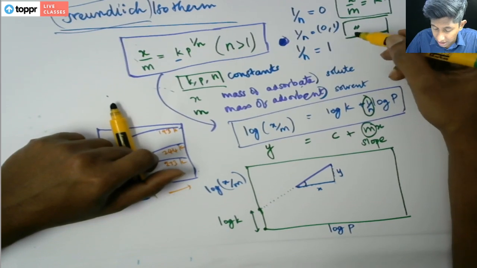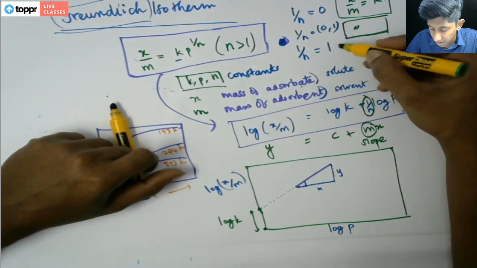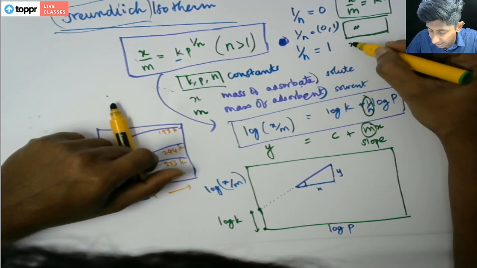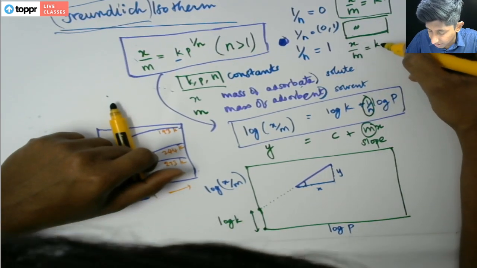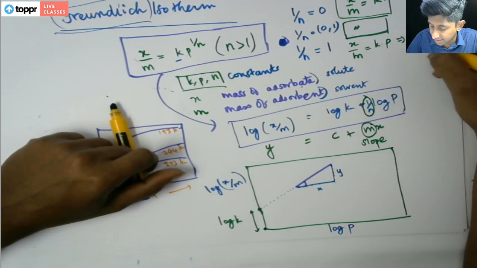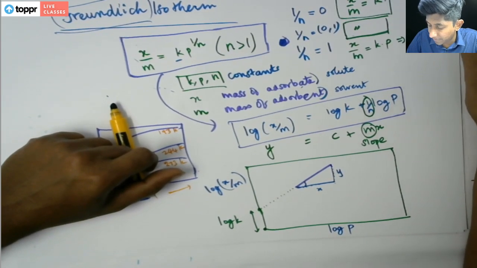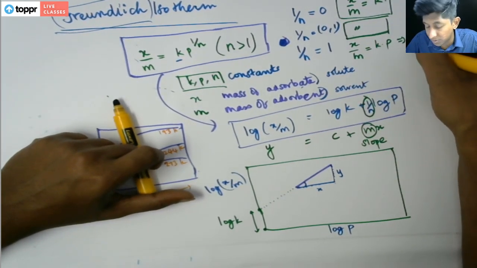Last but not least, 1 by n is equal to 1, the maximum value it can attain. Now you get x by m is equal to k into p, or I can say x by m is proportional to p, the pressure. So now your pressure is directly proportional to the adsorption.